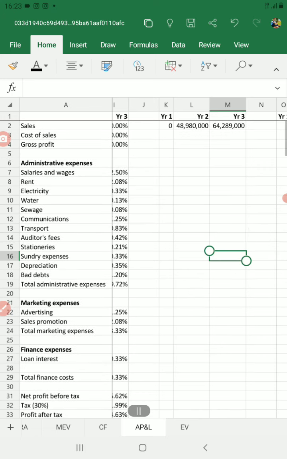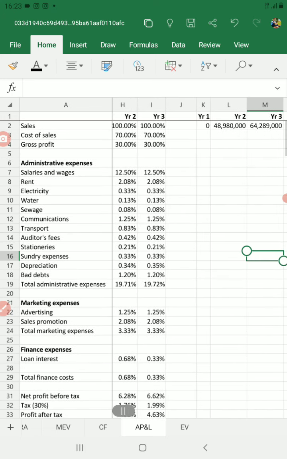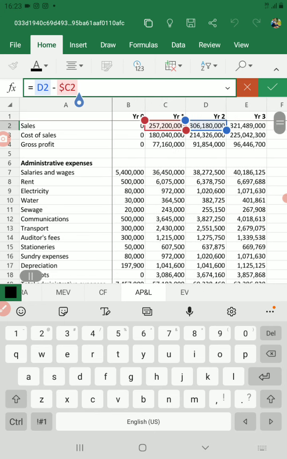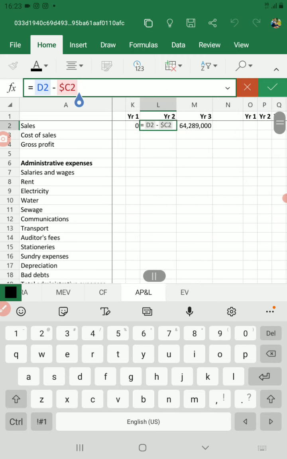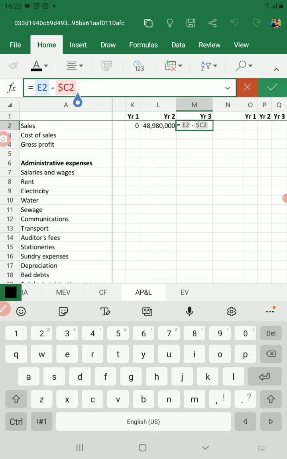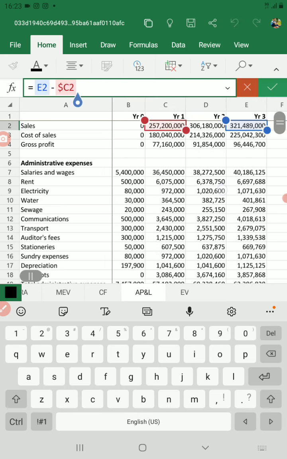So for the sales figure, if we go to year 2 now and click on the formula bar, we see we have taken year 2 figure minus year 1 figure to get the difference of the absolute value. And if we go to here, the same, if I click on there, we took year 3 figure minus year 1.